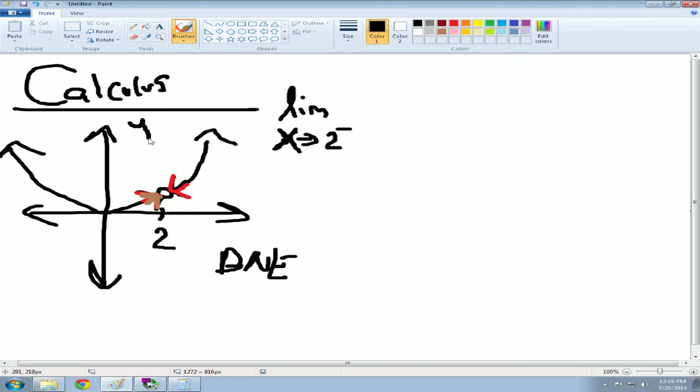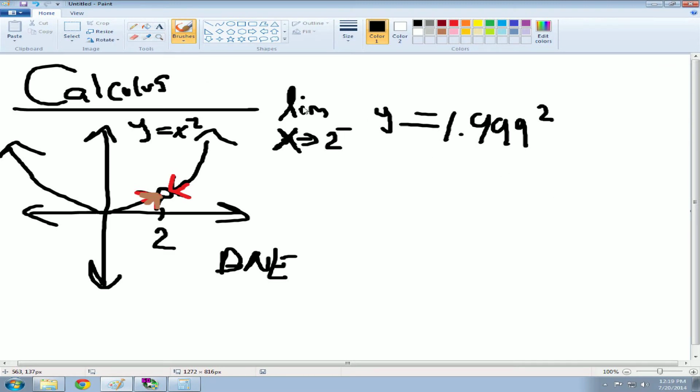Remember, we have y equals x squared. We're going to try to estimate this by putting in a number, and there's no equal sign right here. We estimate this by putting in a number that is so close to the left side that you could pretty much say that's the point where it hits, so we're going to do 1.999 squared.